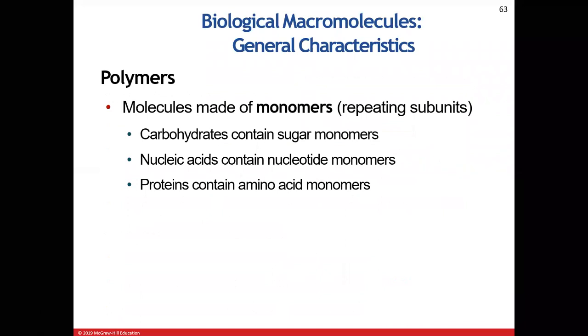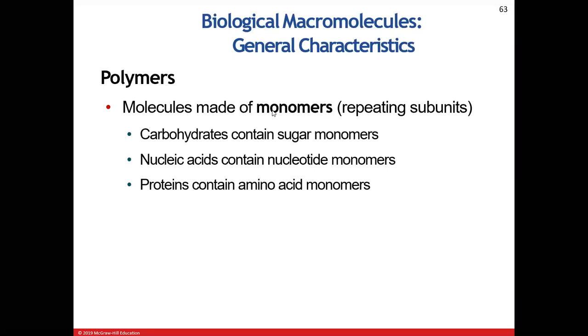When we look at some of these other molecules, we also look at what we call polymers. If you remember, or you've had some of this before, you look at your prefixes. Poly means many, mono means one, and another prefix we'll see is di, which indicates two.